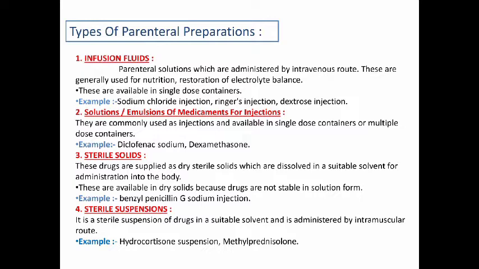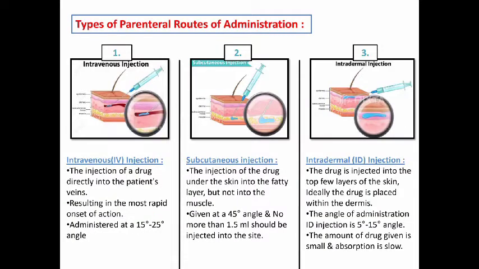They are available as dry solids because the drugs are not stable in solution form. Example: benzyl penicillin G sodium injection. Fourth, sterile suspension. It is a sterile suspension of drug in a suitable solvent and administered by the intramuscular route. Examples: hydrocortisone suspension, methylprednisolone.